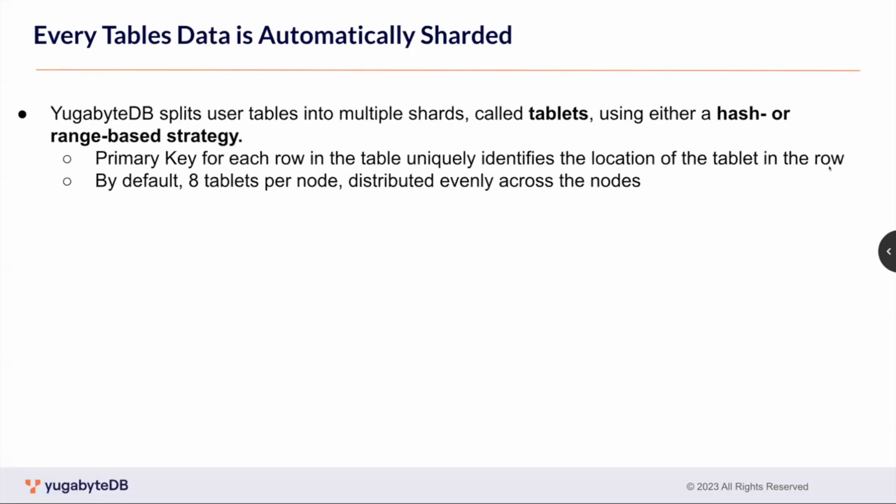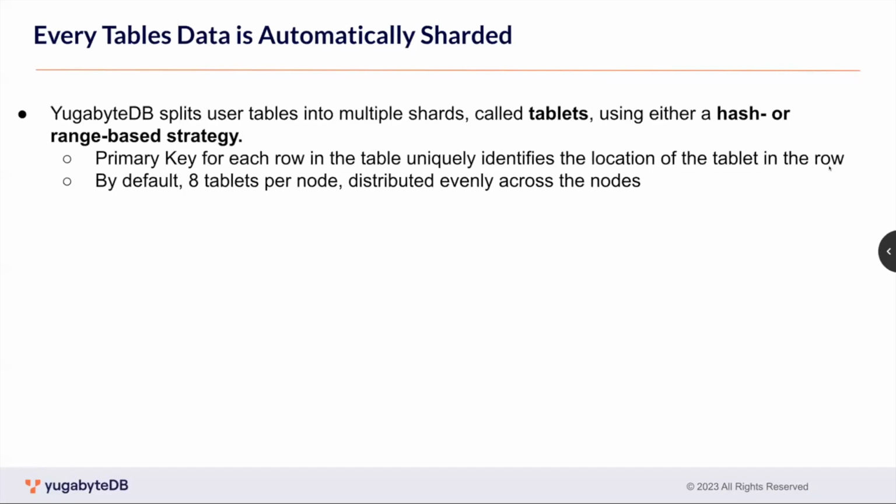The way we shard into tablets is we use either a hash or a range-based strategy. We use the primary key of each row, which basically identifies the location of the data.